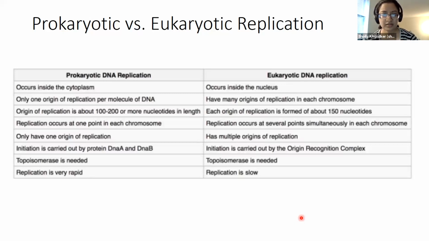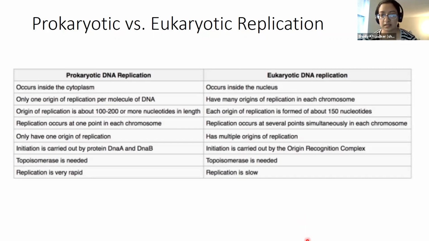In addition, the origin of replication in prokaryotes is usually 100 to 200 or more nucleotides in length, whereas in eukaryotes, it's approximately 150 nucleotides. Because prokaryotes only have one origin of replication, replication only occurs at one point in each chromosome, whereas in eukaryotes, because there are multiple origins, it can occur at several points simultaneously within each chromosome.